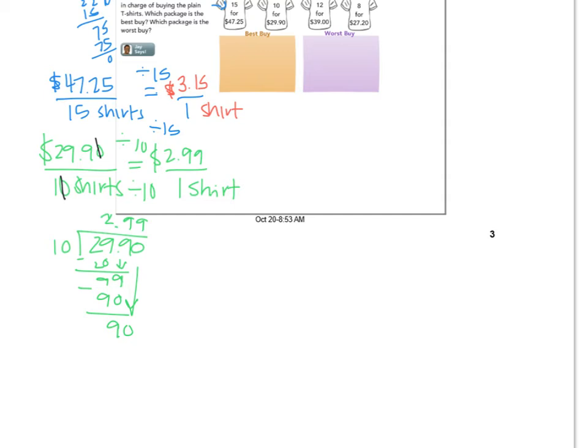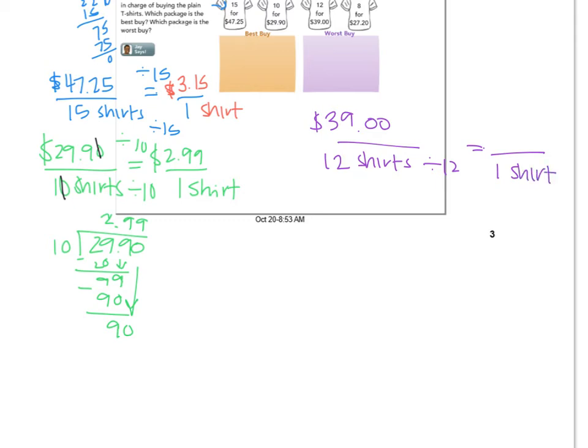So let's see. Now we have to do 12 shirts for $39. All right. So 12 shirts has to be on the bottom. For $39, that's going to be on the top. We know we're going to have to divide by 12 because our bottom denominator needs to be one shirt.